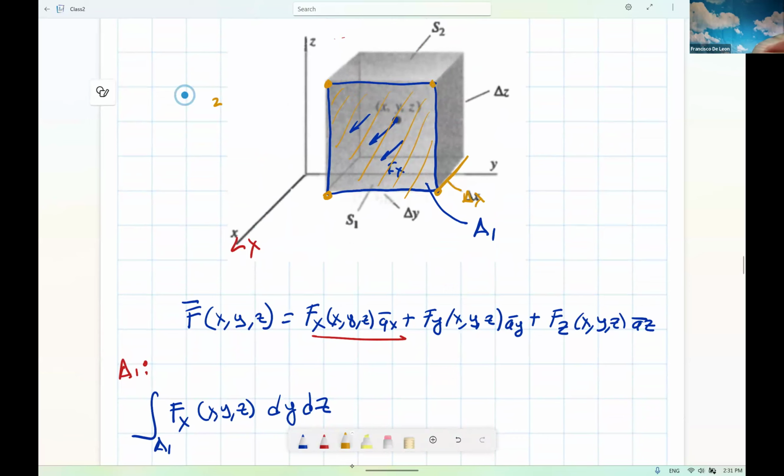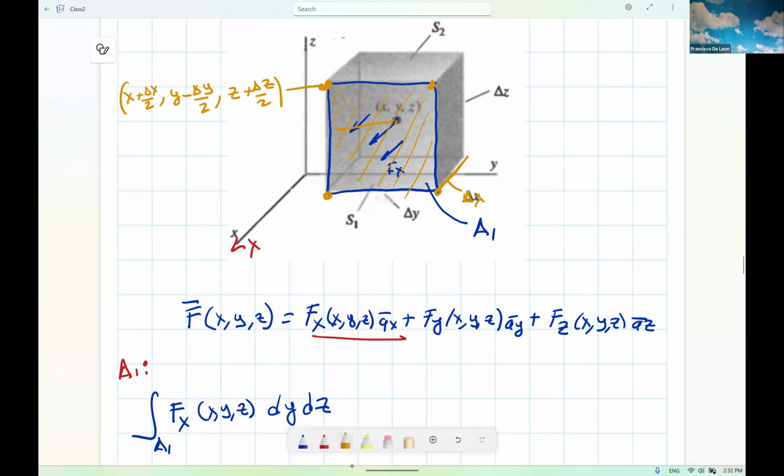The coordinate of that point is x plus delta x by 2, comma, y minus delta y by 2, because it's delta y behind, and comma z plus delta z by 2. That is the coordinate of that point.